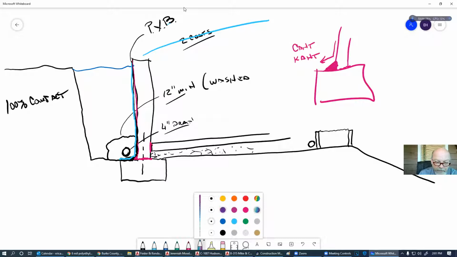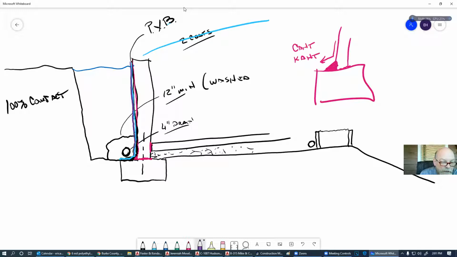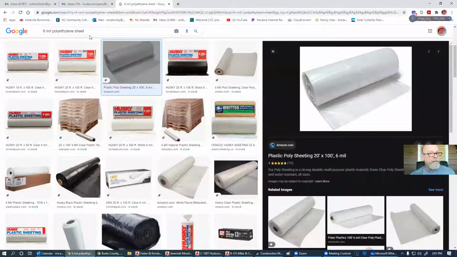Let's go with purple. On top of that, we would put drain mat, rain screen. Again, there's tons of different names for it depending on where you're from.